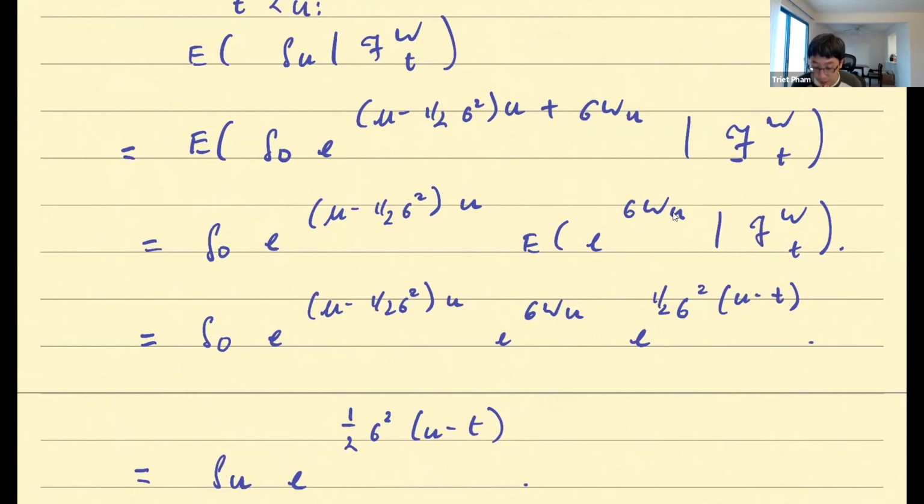I think I spot what my error was. Sorry, give me a moment. The reason is when I do this, I want to cast everything back to ST. I do not want to cast this into SU because U is in the future. What I want to do is rewrite everything in terms of ST and not SU. So that probably is my error.